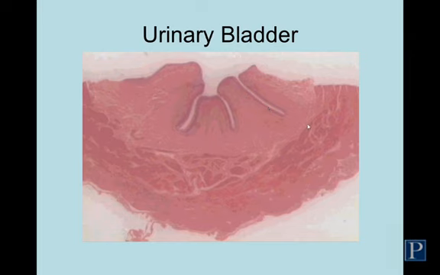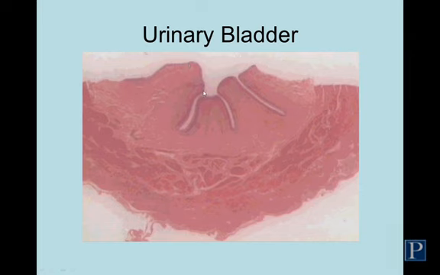This is the urinary bladder. We've looked at this structure early on in the lab because it also possesses transitional epithelium in the mucosa. So the epithelium is just the small superficial layer of the wall of the bladder that you can see here. If you look at it more closely on the microscope, you can just identify the transitional epithelium.